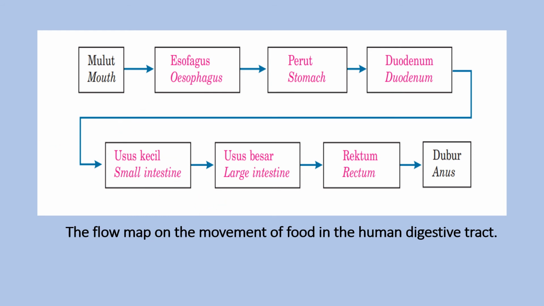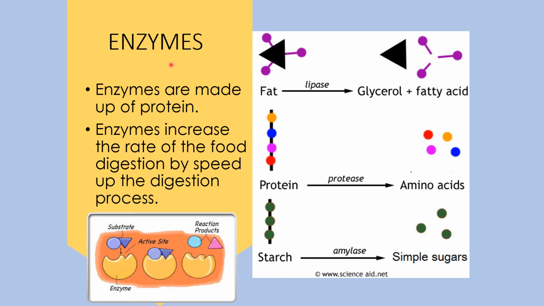Now we look at what enzymes are. Enzymes are made up of protein. Enzymes increase the rate of food digestion by speeding up the digestion process. This is the illustration of enzymes. For fat, the enzyme lipase converts fat into glycerol and fatty acid.